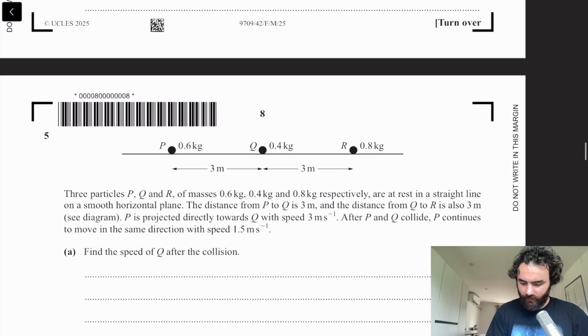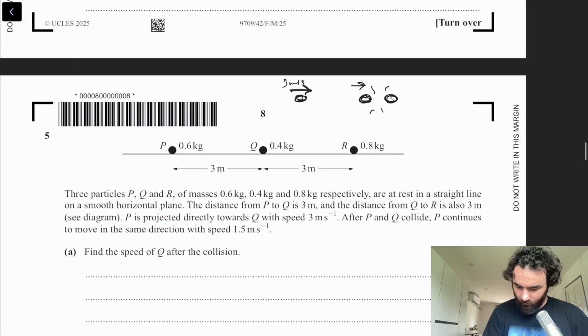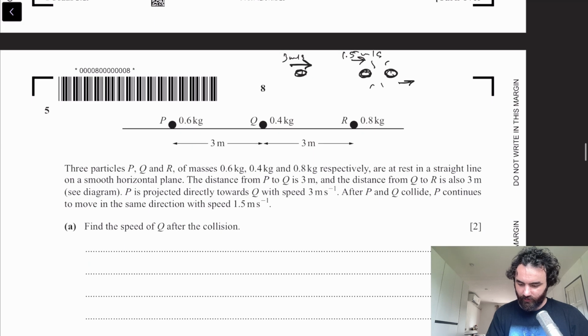So you have P moving at 3 meters per second, and after they collide, P moves at 1.5 meters per second. And Q moves at, well, we don't know, they don't tell us that. Find the speed of Q after the collision.